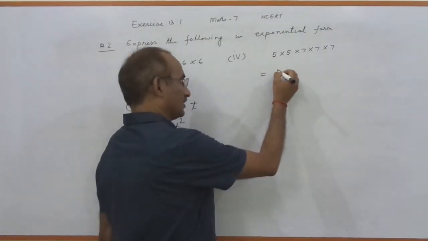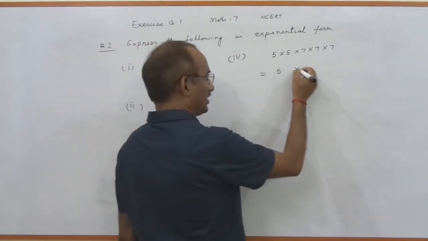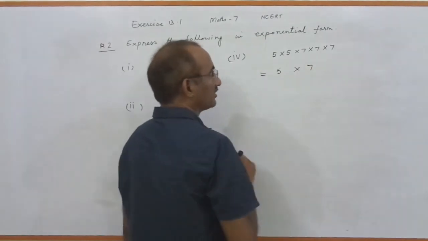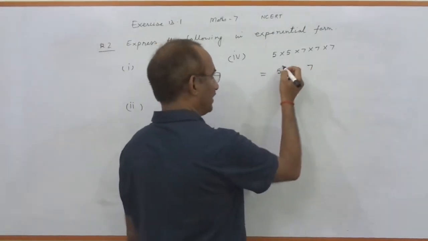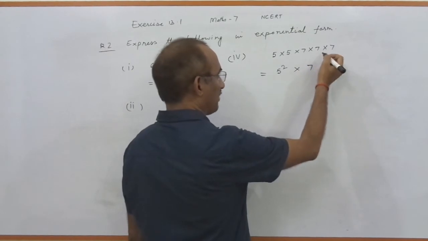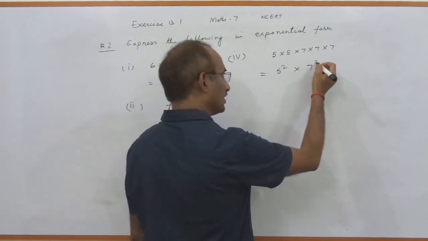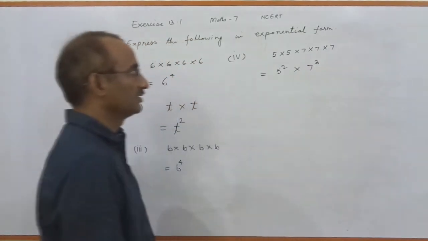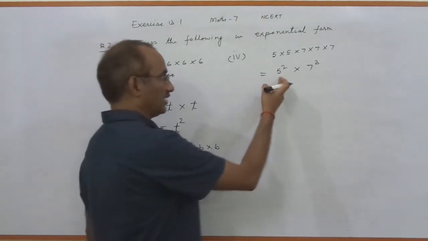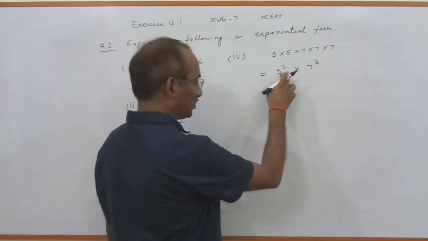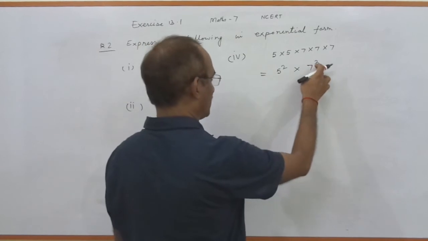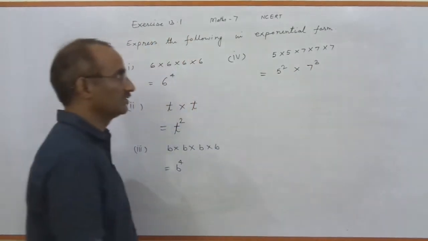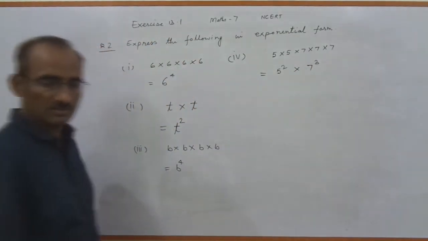The bases are 5 and 7. The power of 5 will be 2 and the power of 7 will be 3. It can be read as 5 raised to the power of 2 multiplied with 7 raised to the power of 3. Now question 5th.